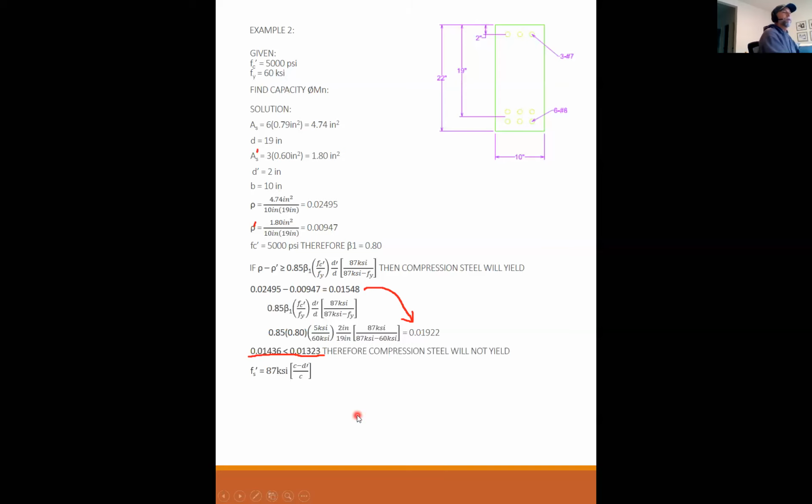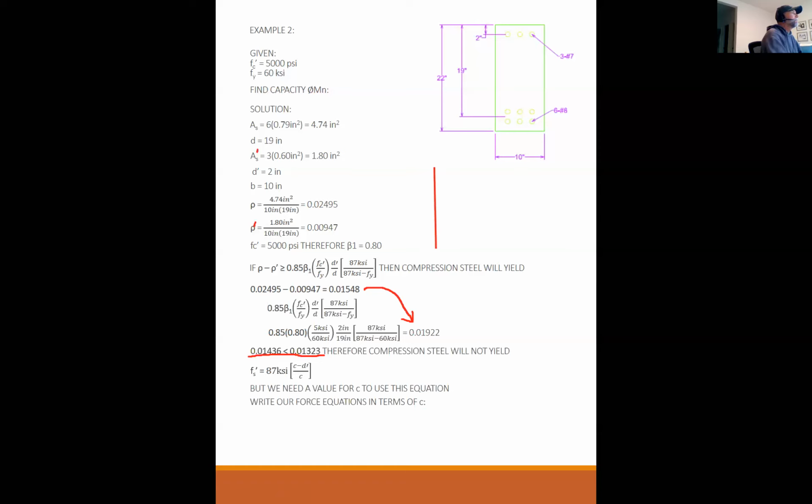Okay, so if the compression steel will not yield, then we need to come up with what the stress is in the compression steel. So we need a value of c to use for this equation here. So what we're going to do is write our force equations in terms of little c. Let me stop for a moment, and I don't remember if I drew a side view.